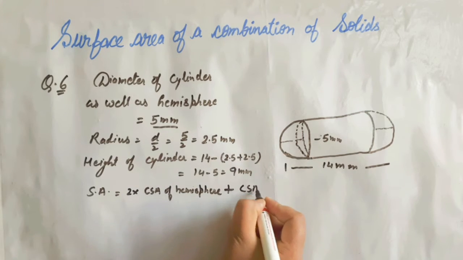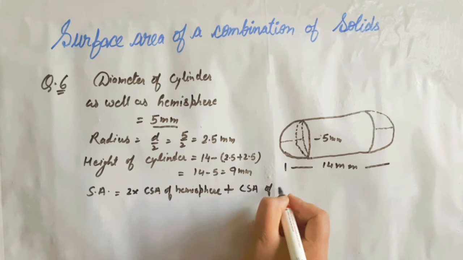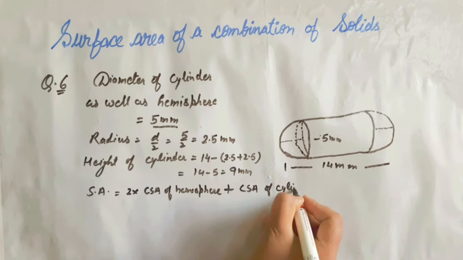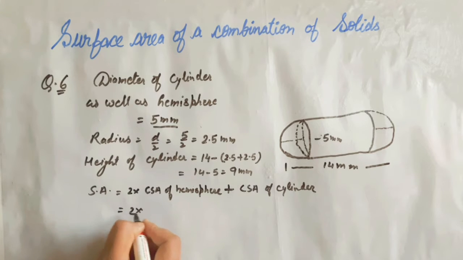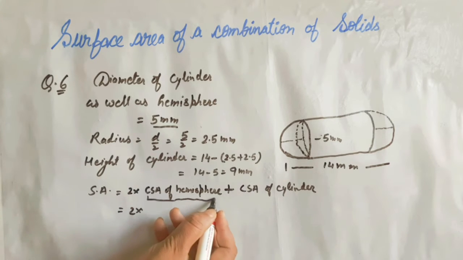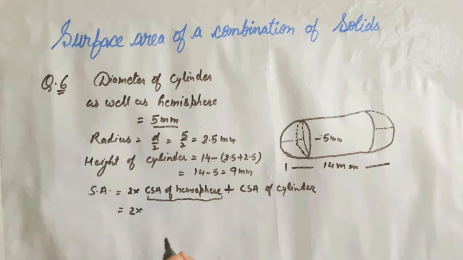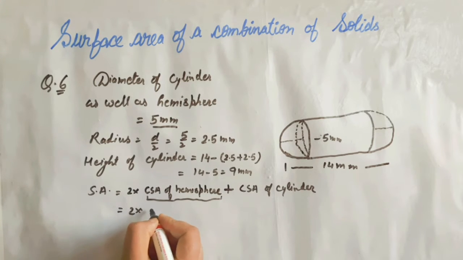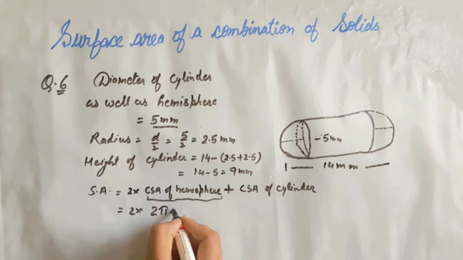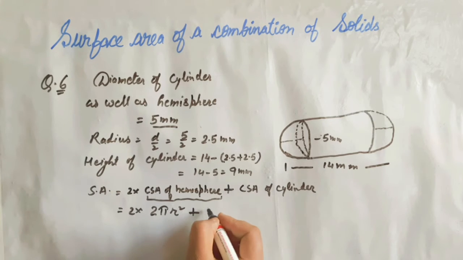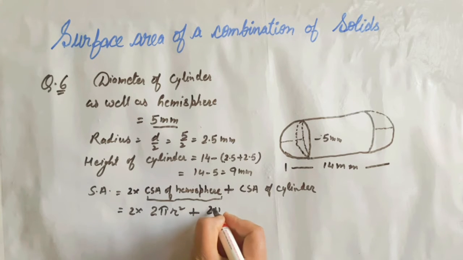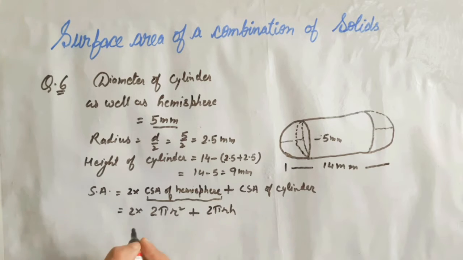So CSA of cylinder. So this will be equals to 2 multiplied by CSA of hemisphere. We know the CSA of hemisphere is 2 pi r square plus CSA of cylinder is 2 pi RH.